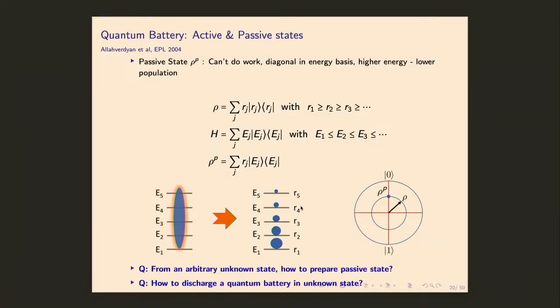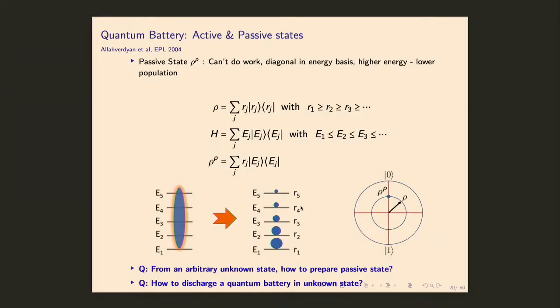So this is diagonal in the energy basis. That's important. There is no superposition, there is no coherence. Is the passive state the Boltzmann distributed state? It can be a Boltzmann distribution, or it need not be Boltzmann also, as long as these two are unitarily connected, that's fine.